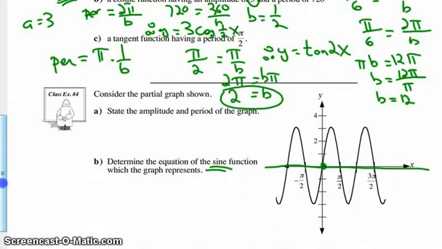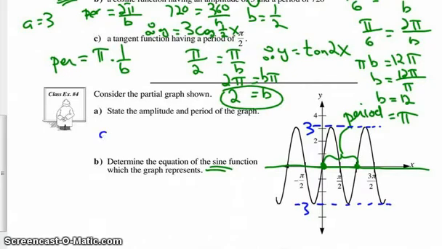When I look at where this one ends, or what's the period of this graph, you can clearly see that this graph ends right here. So how much is that period? That period is equal to pi. When I look at the amplitude and I see how high the peaks are at 3 and at -3.